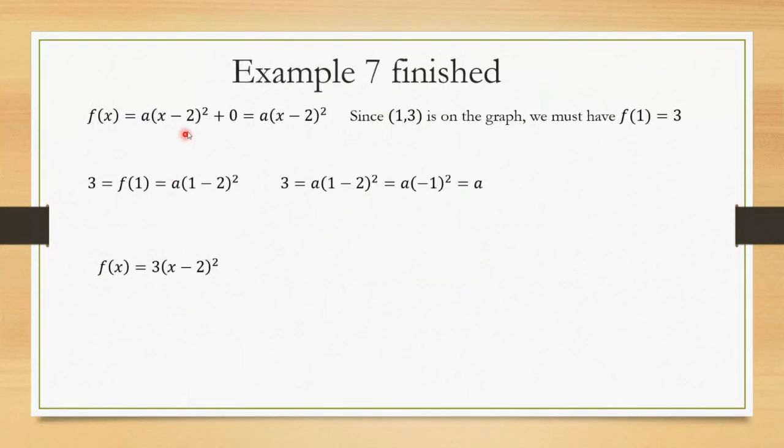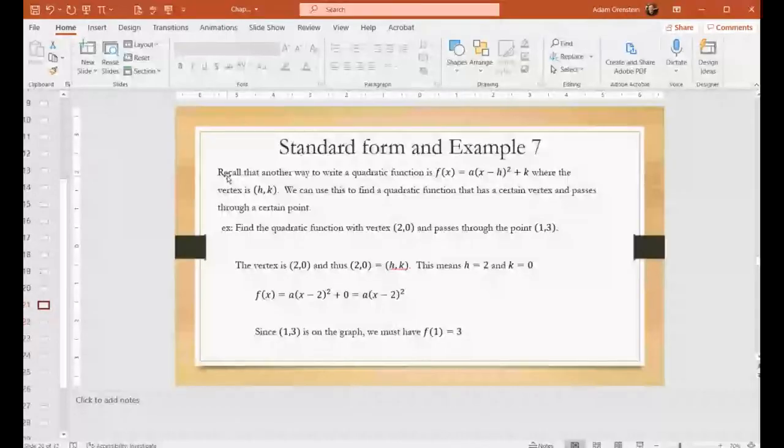So, in other words, we must get 3 when x is 1. That's what this is saying. So we have 3 equals f of 1, which is a times 1 minus 2 squared.